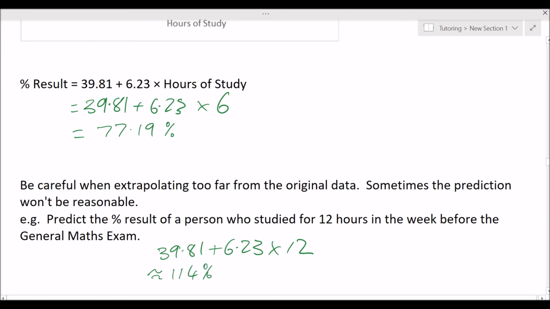Now, is it possible to get 114% on an exam? No, it is not. The highest you can get is 100%. So as you can see, we have extrapolated too far beyond the bounds of our data, and now our prediction is not reasonable. So you have to be careful when you are extrapolating.